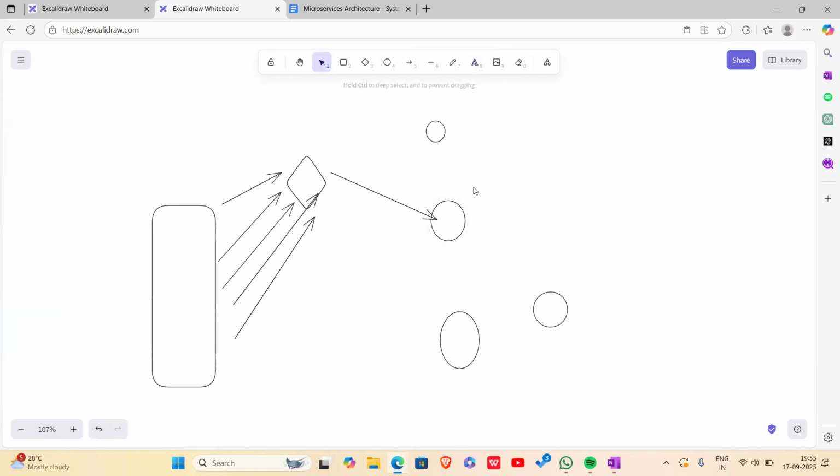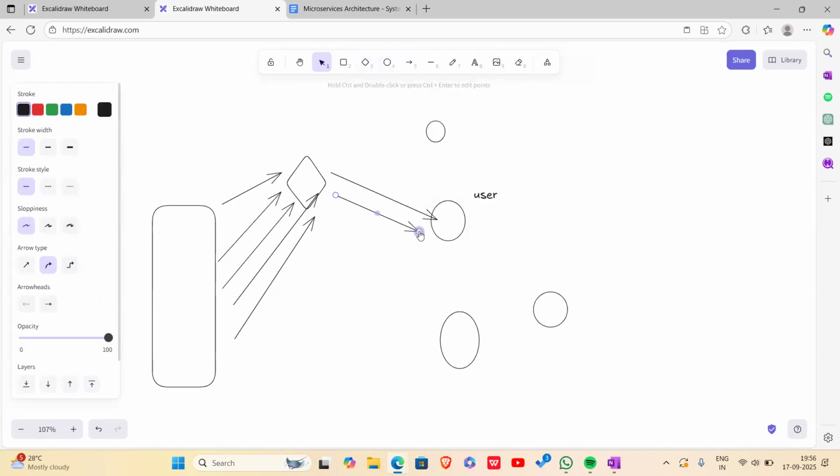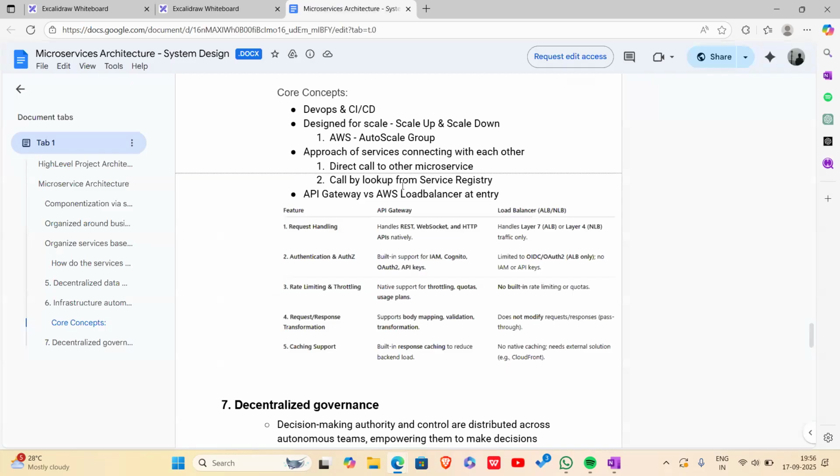For example, a user is going to be coming here. If all the nodes come, the system will definitely become slow.